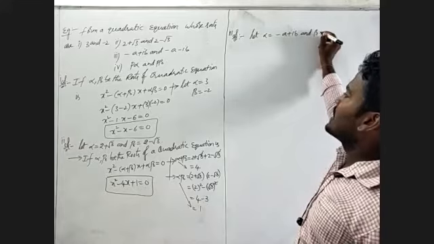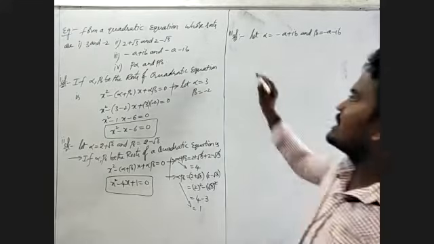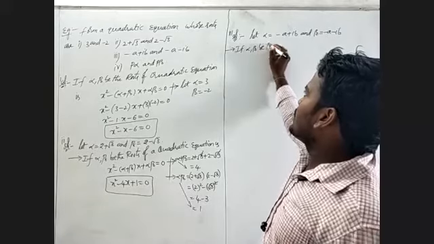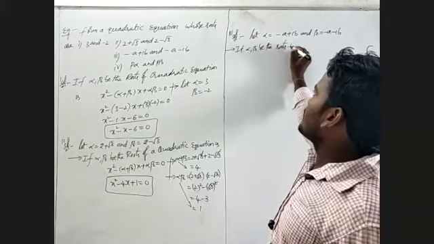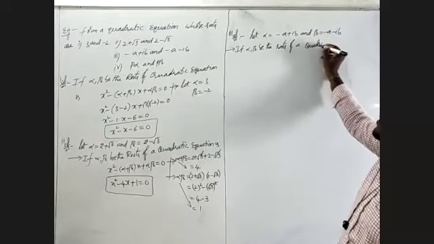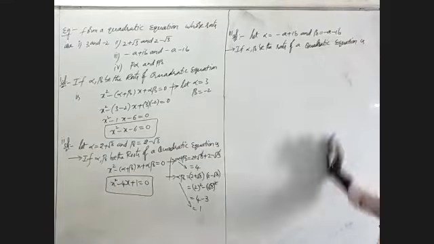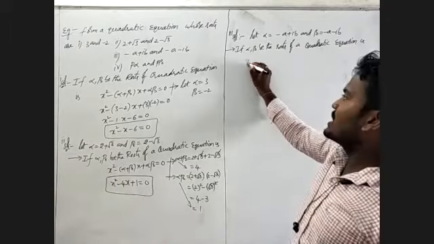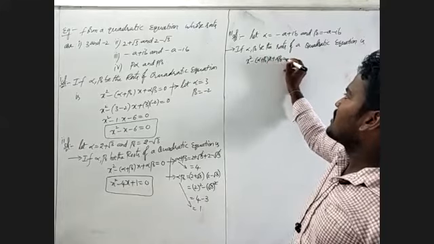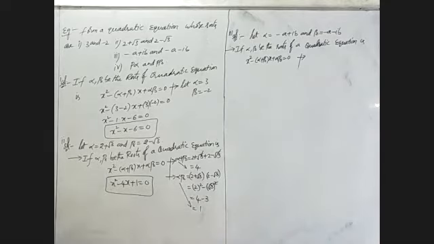And beta is equal to minus a minus ib. If alpha comma beta be the roots of a quadratic equation, then I will write x square minus (alpha plus beta) into x plus alpha beta is equal to 0. Given this, we have to find alpha plus beta and alpha beta.